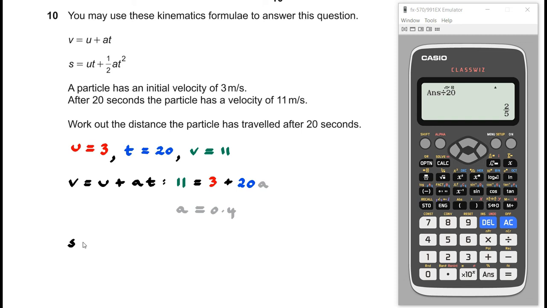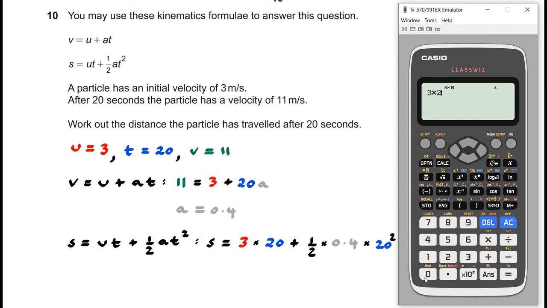So if we use s equals ut plus a half a t squared, we've got s equals u, which is 3, times by 20 plus a half times by a times by t squared, so we multiply by 20 squared.